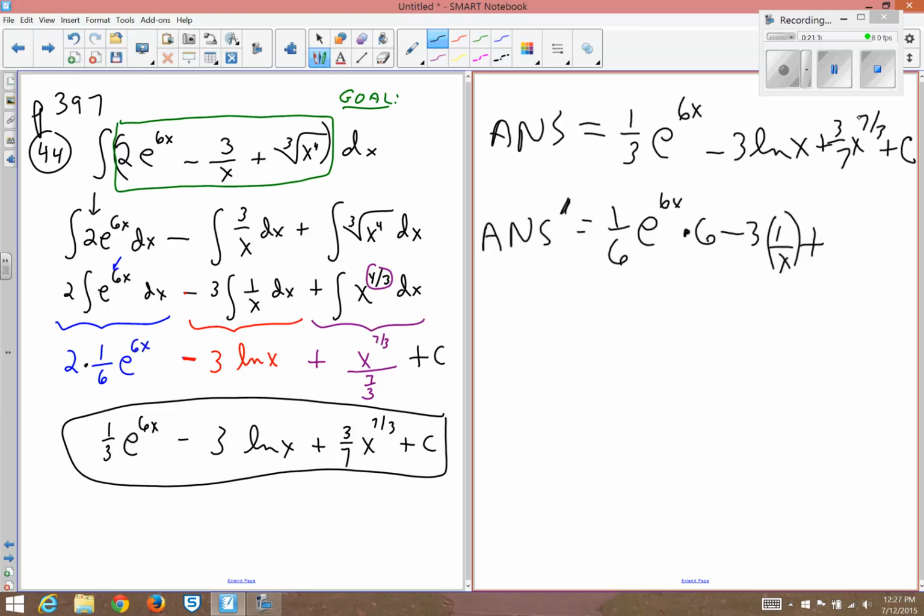We multiply 7/3 times 3/7, and we get 21 over 21. The x we copy, and the 7/3, when we take the derivative, we subtract 1. That 7/3 minus 1 is 4/3. And c means any constant. The derivative of any constant is 0.